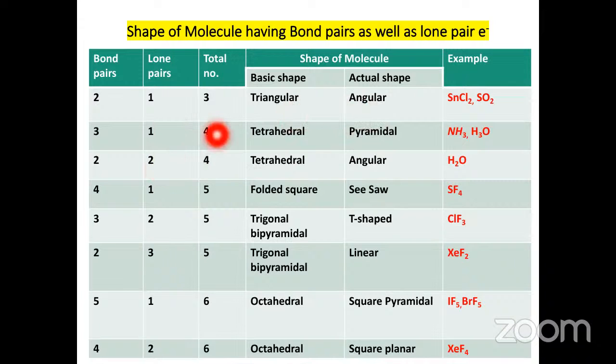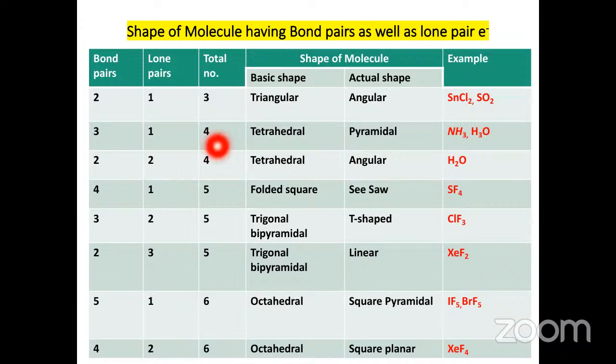And the total number of electron pairs is 4. If 3 are bond pairs and 1 is lone pair, the shape is tetrahedral, but because it has one lone pair, the shape changes to pyramidal according to VSEPR theory.